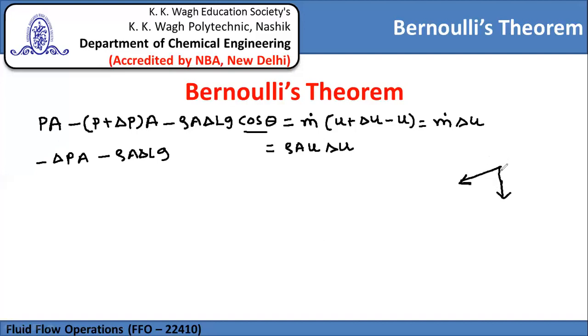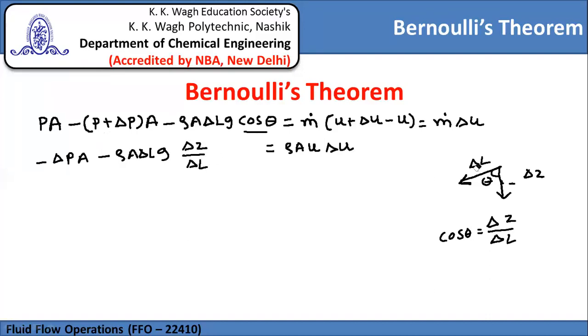So for the cos theta, the distance is delta Z and the diagonal is delta L. So the cos theta will get converted into delta Z by delta L. So we can replace this cos theta by delta Z upon delta L.